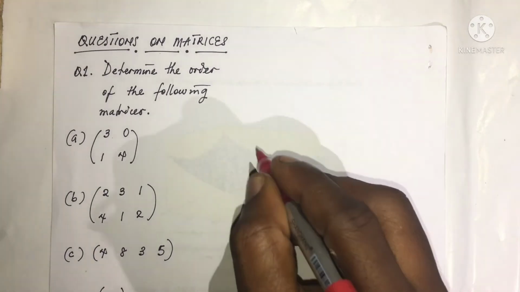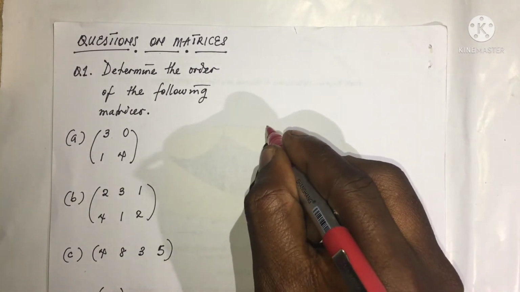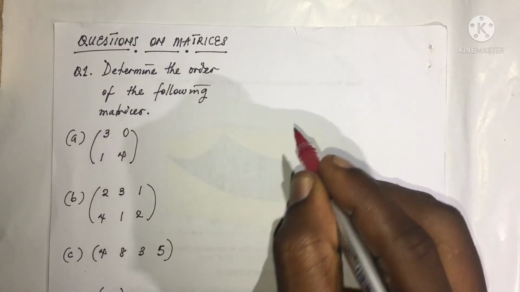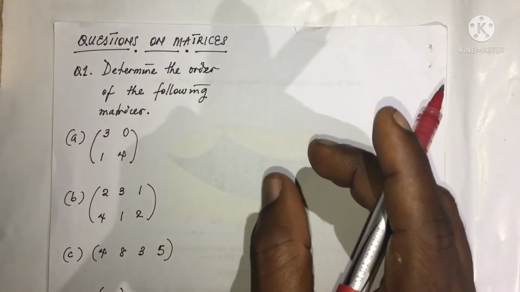Question number 1 says determine the order of the following matrices. The order of a matrix is simply a specification of how many rows by columns are in that matrix.